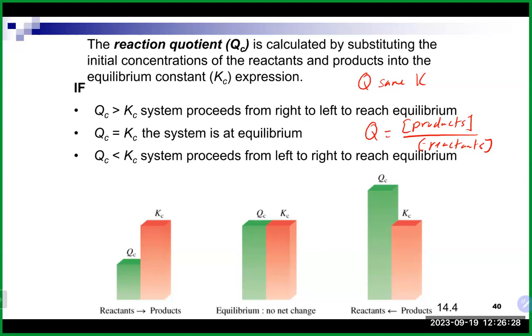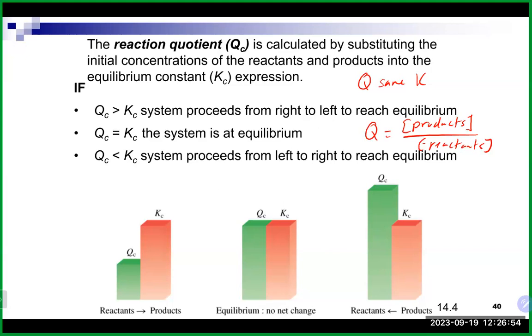And if the system is not at equilibrium, we can use the value of Q to help us determine which way it needs to go to reach equilibrium. Do we need to make more products to get to equilibrium? Do we need to make more reactants? So Q is a twofold calculation. It's calculated the same as the equilibrium constant, but it gives you that information.